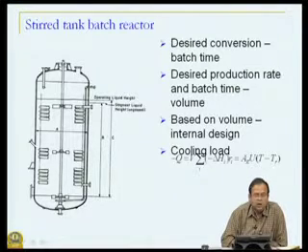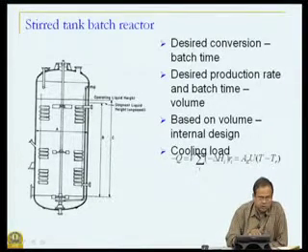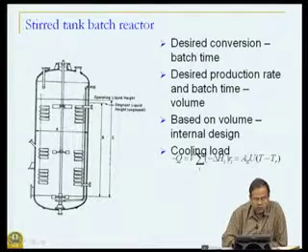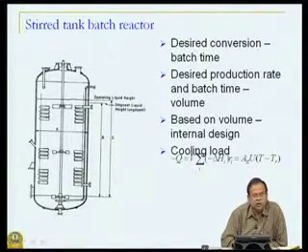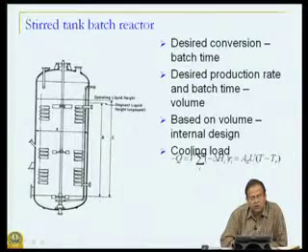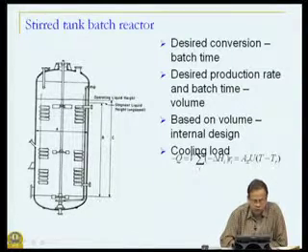So, the height to diameter ratio can be in excess of 1, typically 2, in which case we need multiple impellers. So, we have multiple impellers with standard design of their locations, clearances, their diameter vis-a-vis the diameter of the vessel and so on.